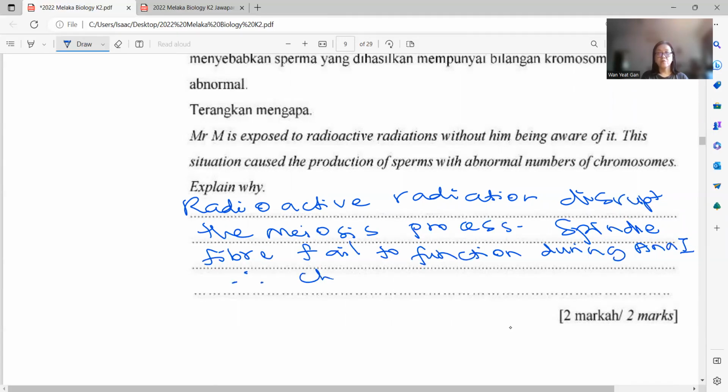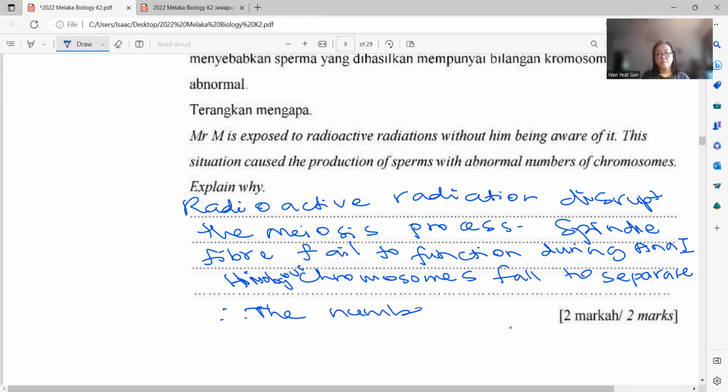So therefore, if it's anaphase 1, then you put homologous chromosomes fail to separate. And therefore, the number of sperm will be more or less.